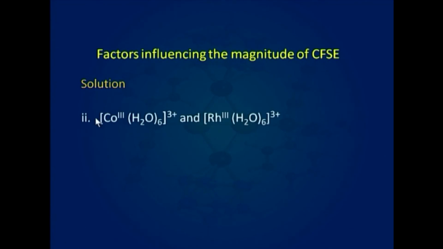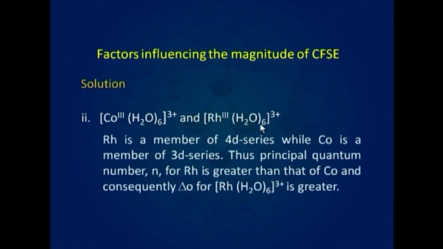Second example is [Co(H2O)6]3+ and [Rh(H2O)6]3+. Rh is a member of the 4d series, while Co is a member of the 3d series. Thus, the principal quantum number n for Rh is greater than that for Co and consequently delta O for [Rh(H2O)6]3+ is greater.